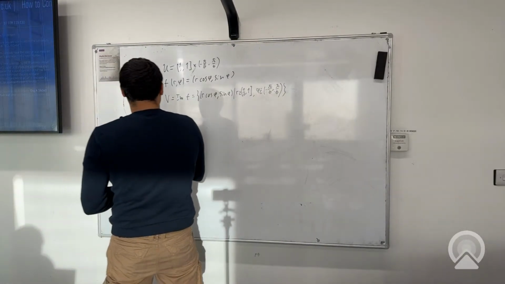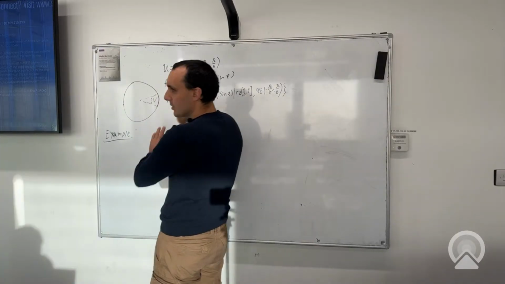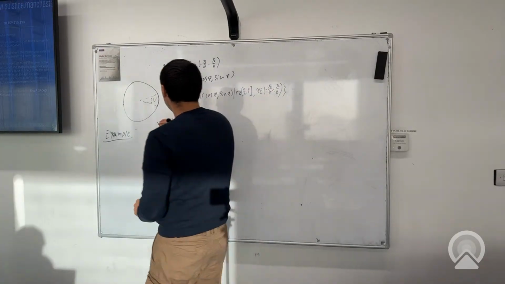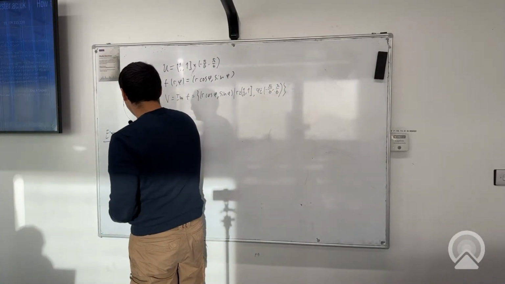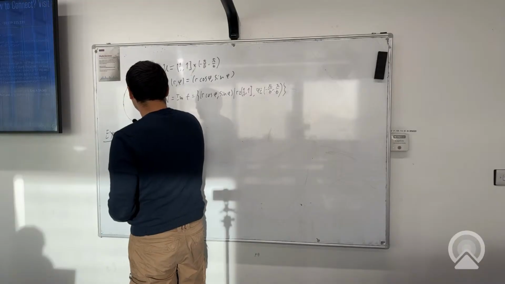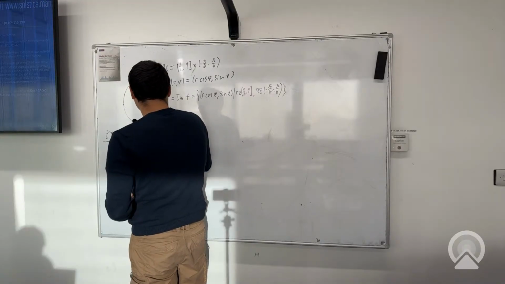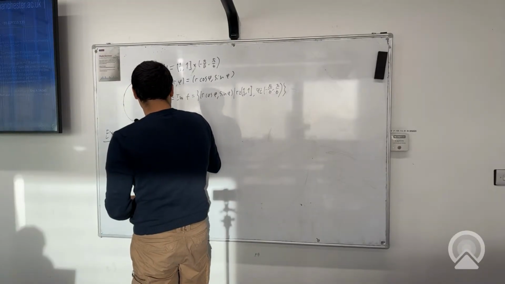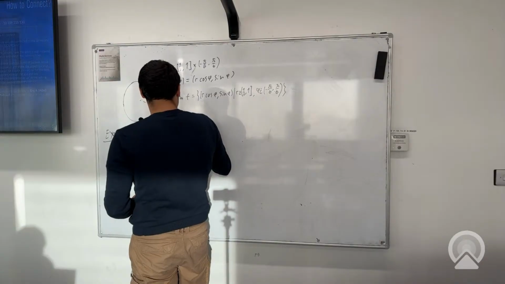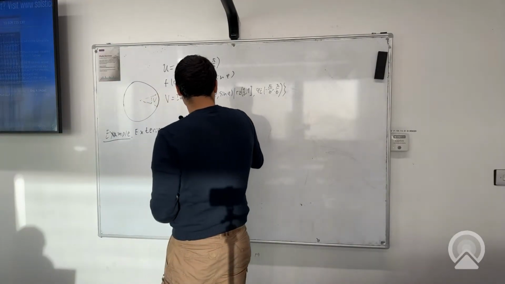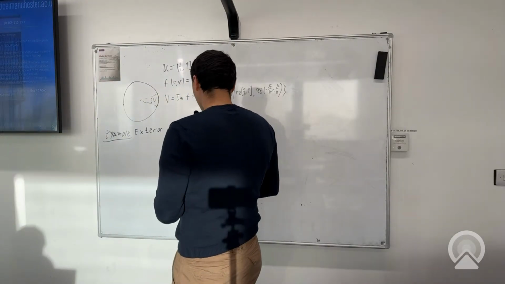Is this clear? Yeah, okay, much better than the previous time. Exterior derivative on M equals R3.